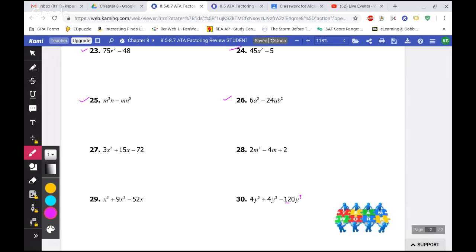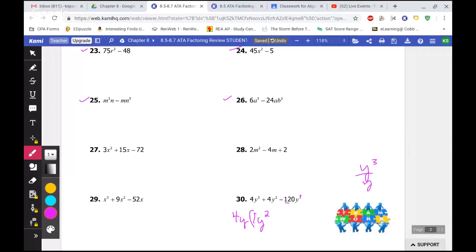If I factor out a 4y out of each of the 3 terms, I'm going to be left with 4 divided by 4, which is 1. Then y cubed divided by y, when you have variables divided by variables, you just subtract the exponents. So 3 minus 1 is 2, which leaves me a y squared.